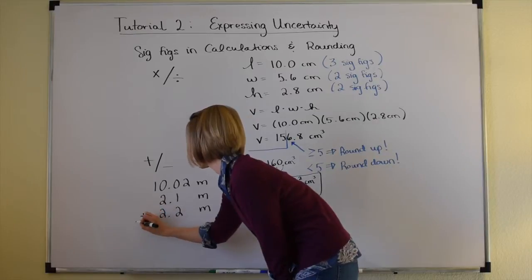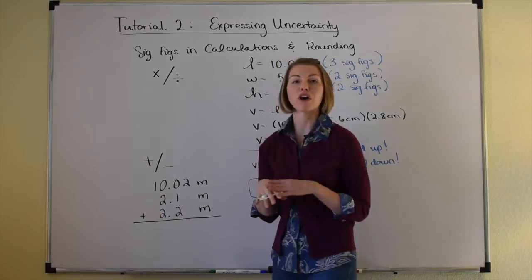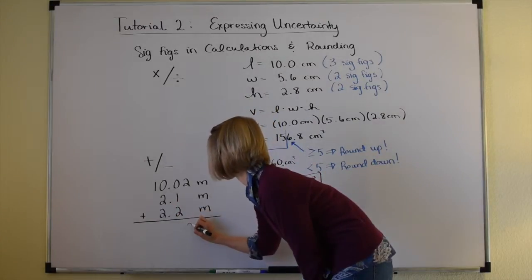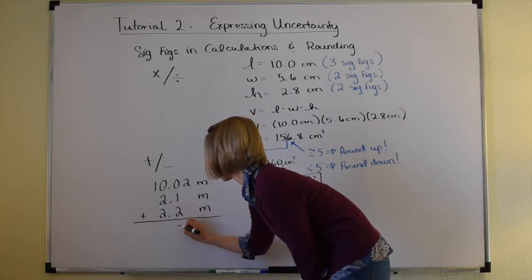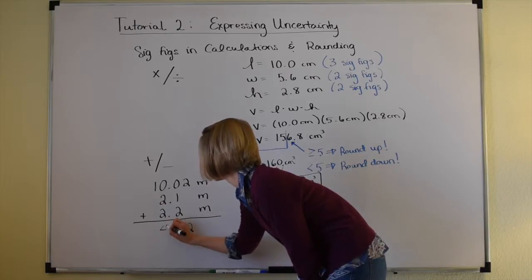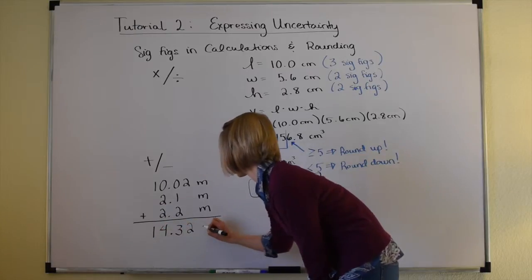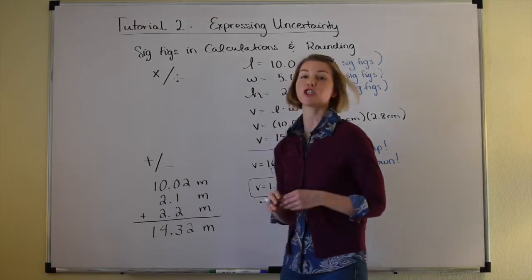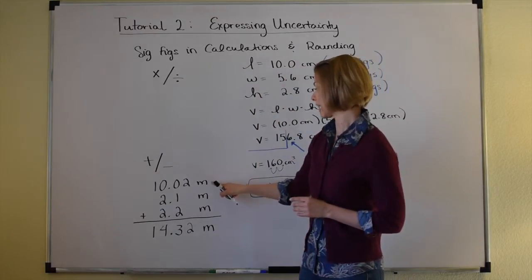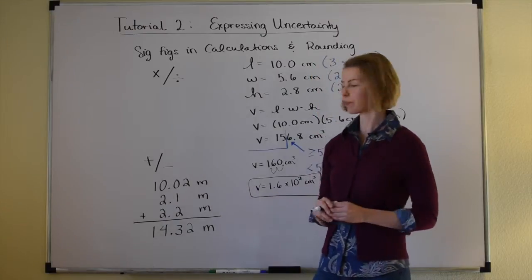Okay, so we'll add these together and we'll find a longer distance. And we don't need our calculator here. We'll just do this really quickly. We've got a 2 and we've got a 3. There's our decimal point. There's 4 and there's 1. So 14.32, and it's just meters here because you're not multiplying, you're just adding these lengths together.